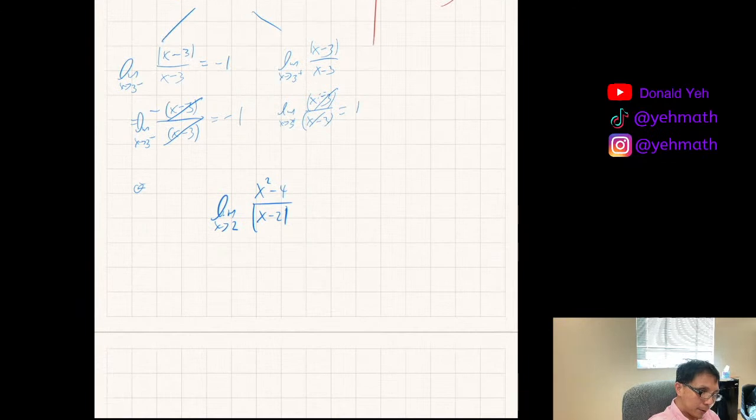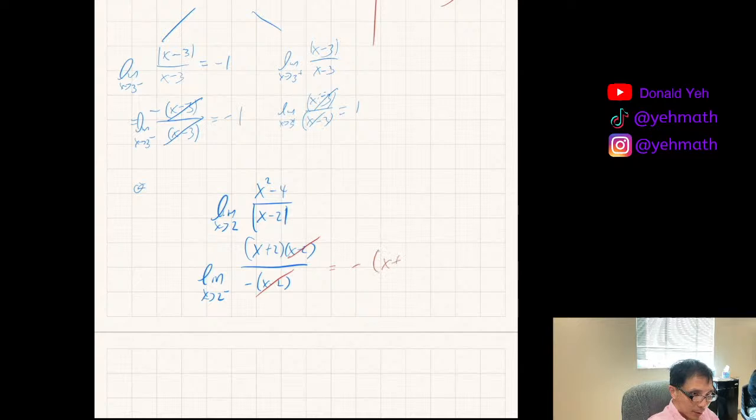Okay, at the end, if you take the limit as x approaches 2 from the left, this one's kind of hard. It'll be x plus 2 and x minus 2 if I choose to factor. On the bottom, I have to choose the negative of x minus 2 from the left, because that's a negative sign. Does that make sense? So that's going to cancel out. That's going to be negative x plus 2.